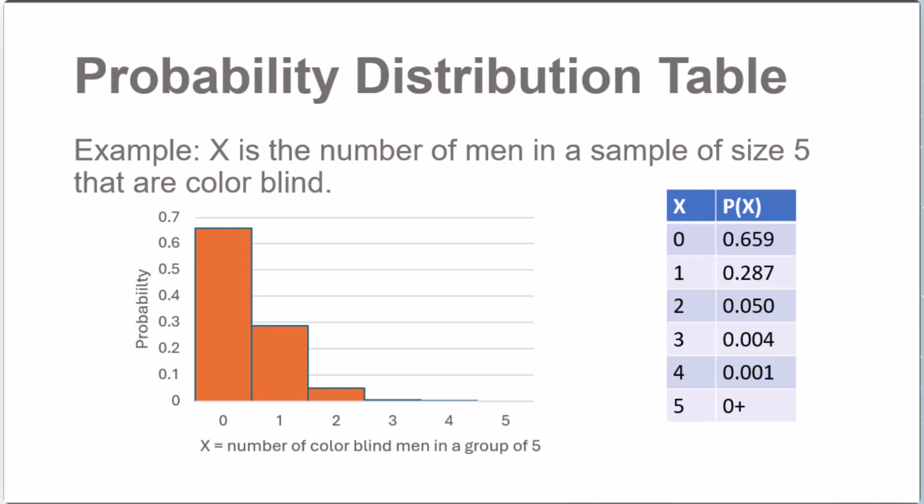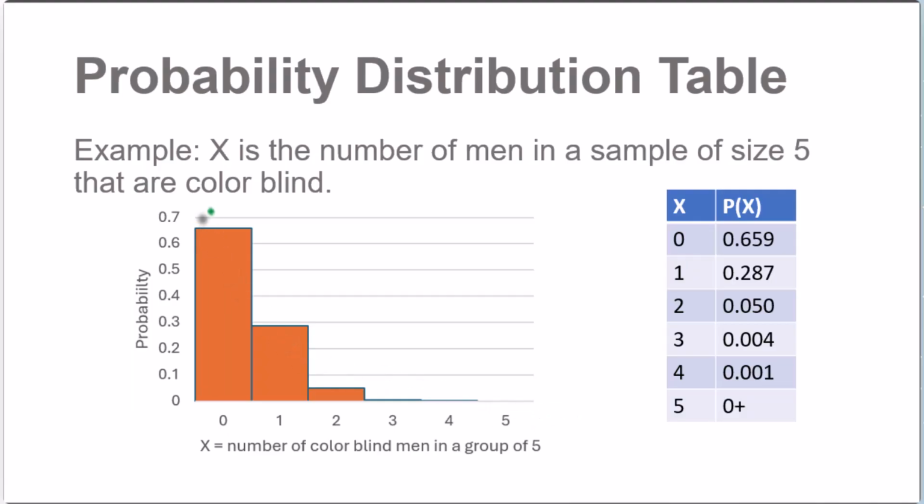So here I have the x values, the random variable along the horizontal axis, listed 0, 1, 2, 3, 4, and 5. And then for each of those values, I have a bar where the height of the bar represents the probability. So these probability numbers go from basically 0 at x equals 5 and all the way up to about 0.65, which is roughly the probability of 0.